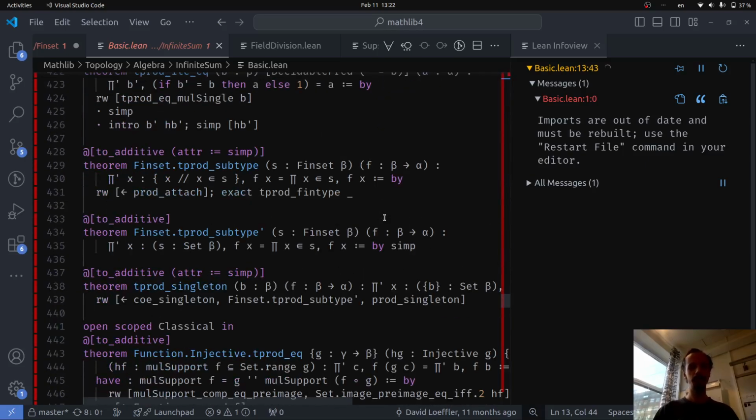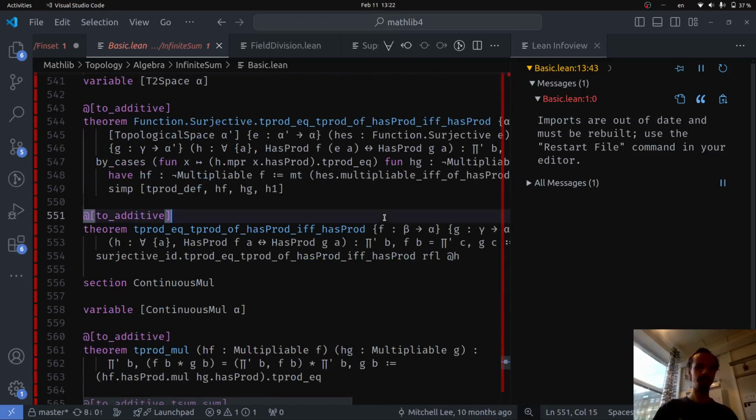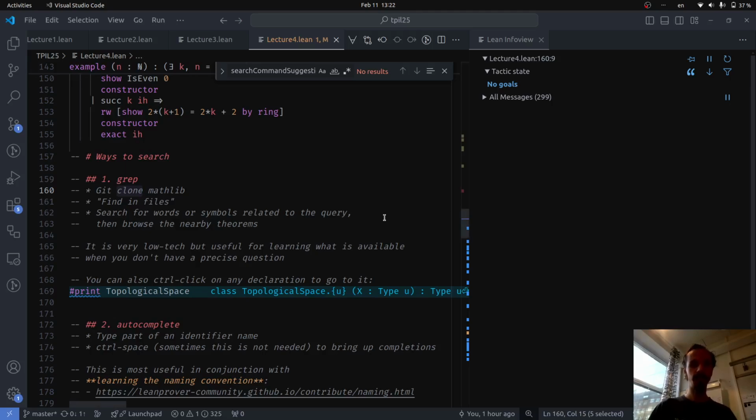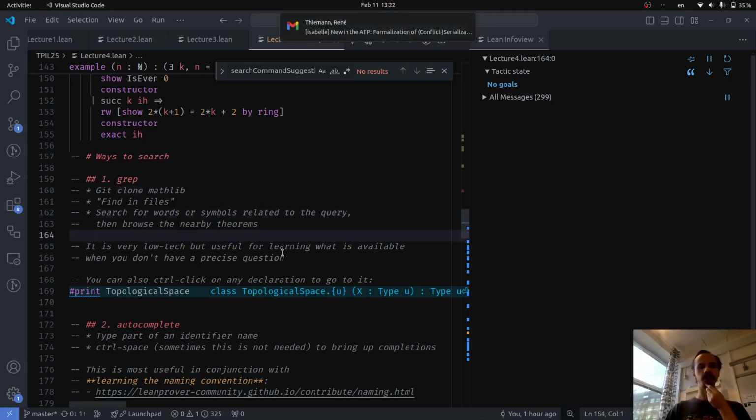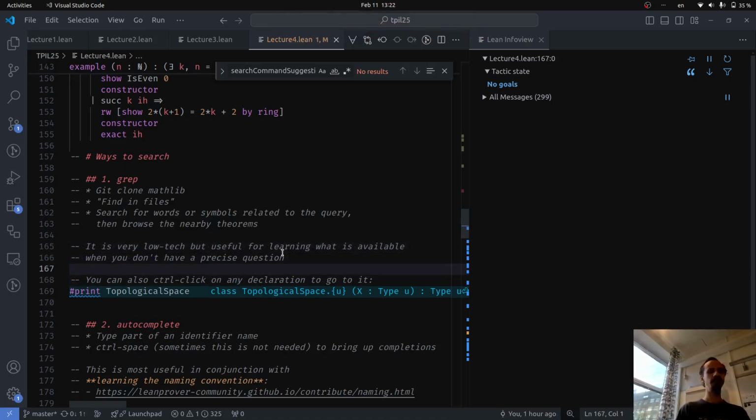So yes, this is a very low-tech method, but it's useful for learning what's available when you don't have a precise question. You're not asking precisely where this theorem is, but more what does mathlib have to offer.